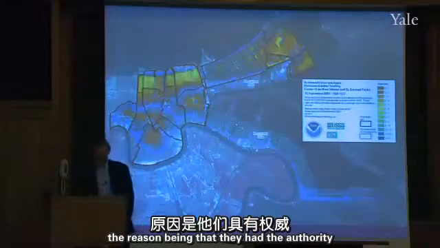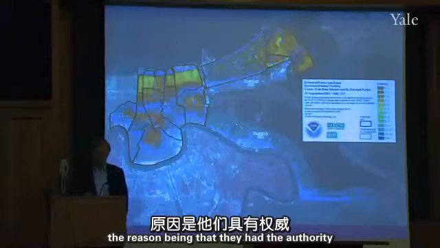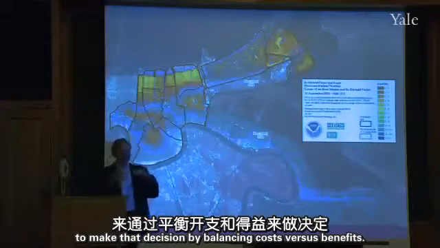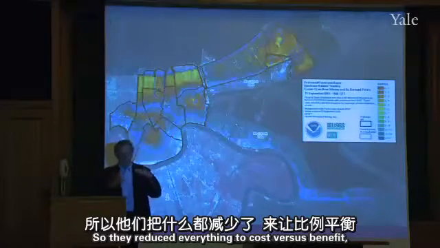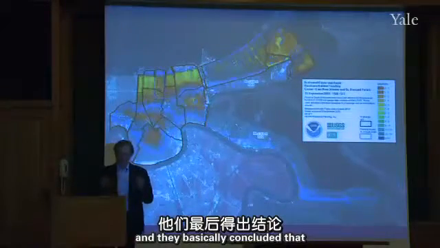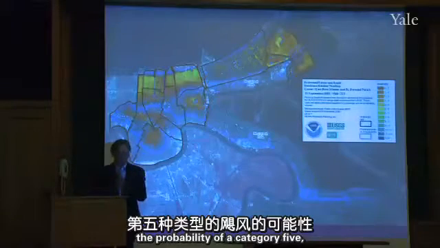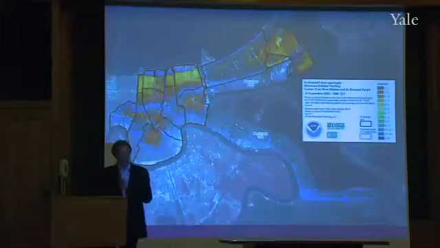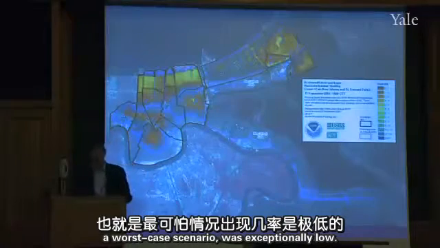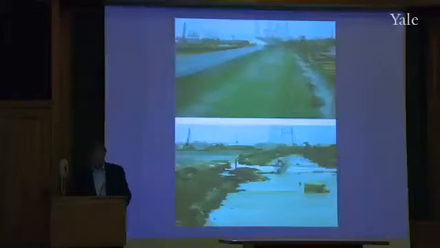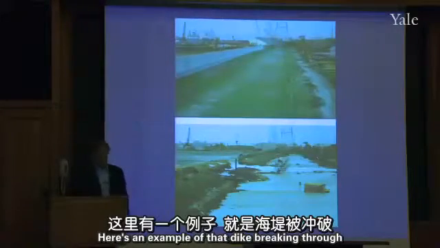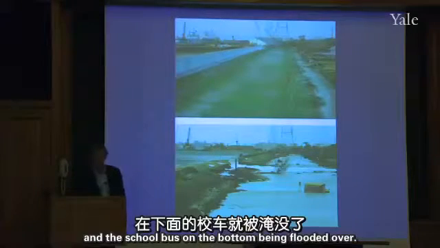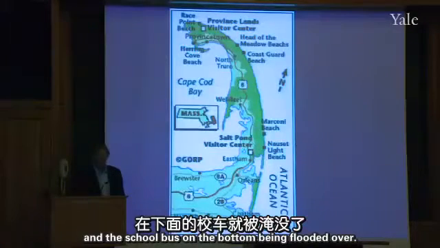The reason being that they had the authority to make that decision by balancing costs versus benefits. So they reduced everything to cost versus benefit, and they basically concluded that the probability of a Category 5, the worst-case scenario, was exceptionally low. Here's an example of that dike breaking through and the school bus on the bottom being flooded over.